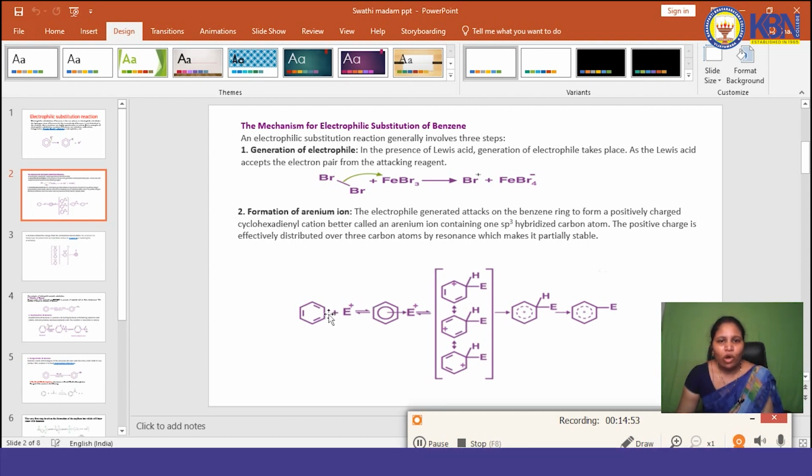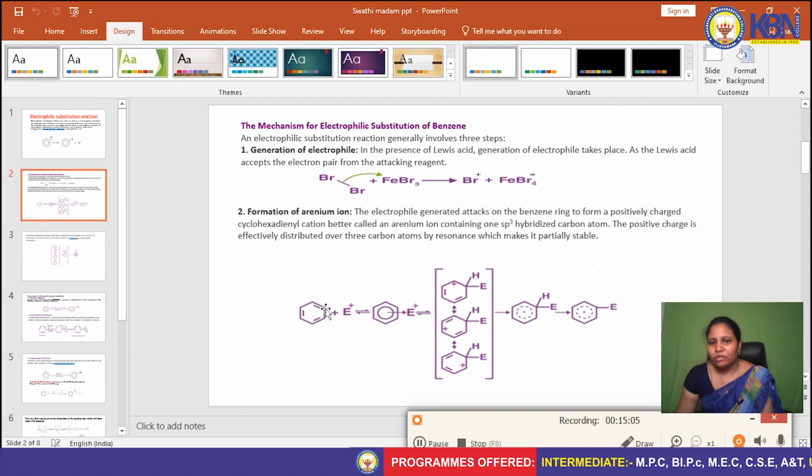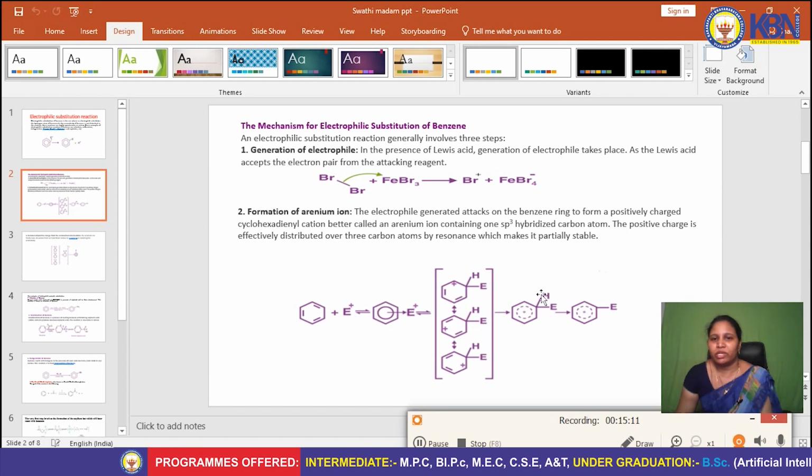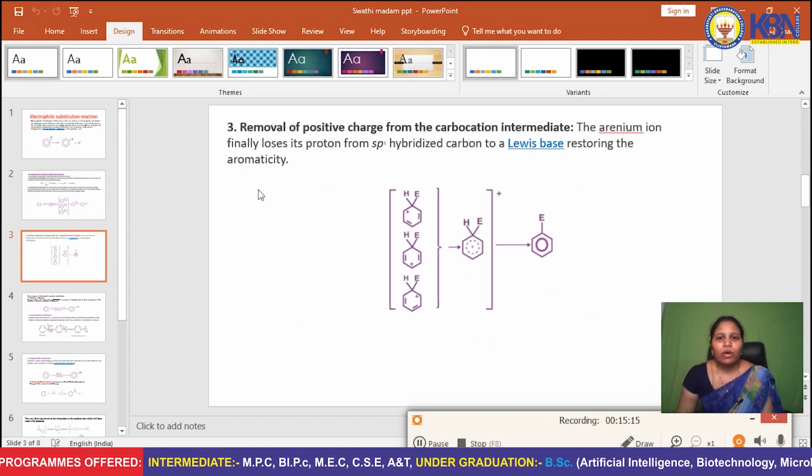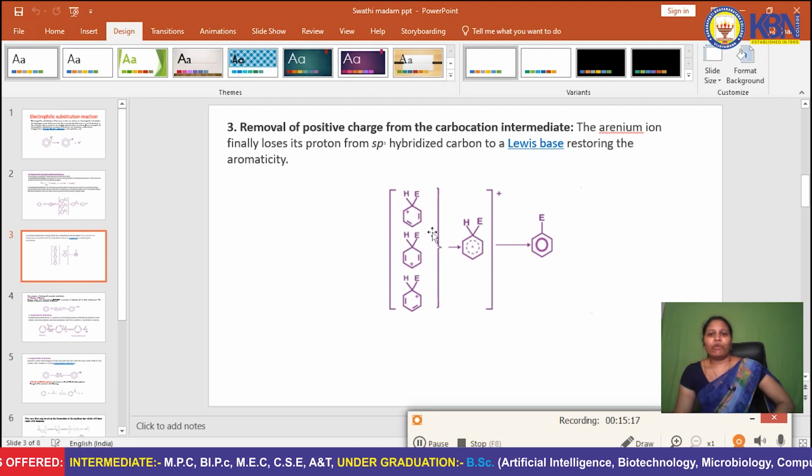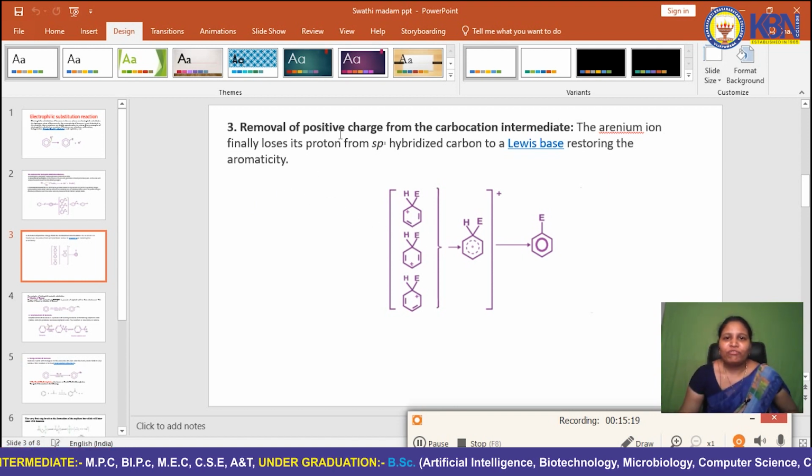Here the benzene ring also already contains H. So by shifting these electrons to this carbon atom, this will get negative charge. To this negatively charged benzene ring, the attack of the electrophile will take place. So in this manner.